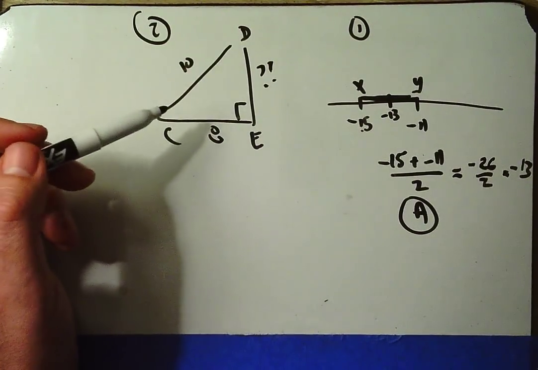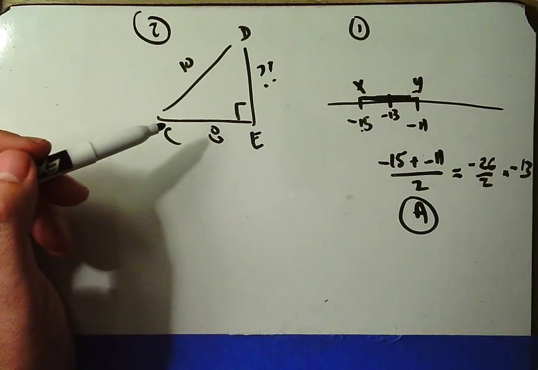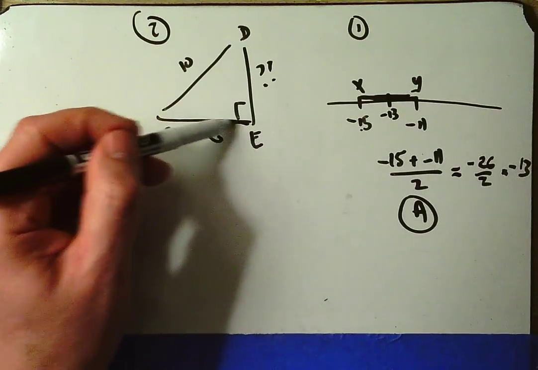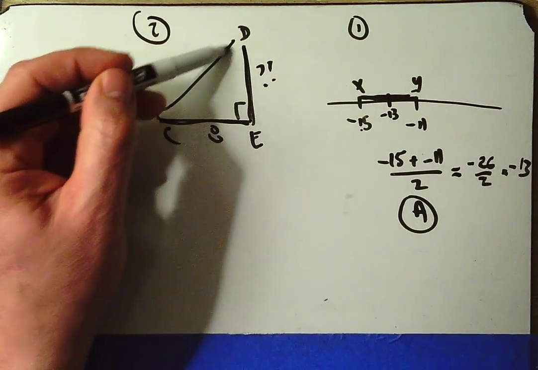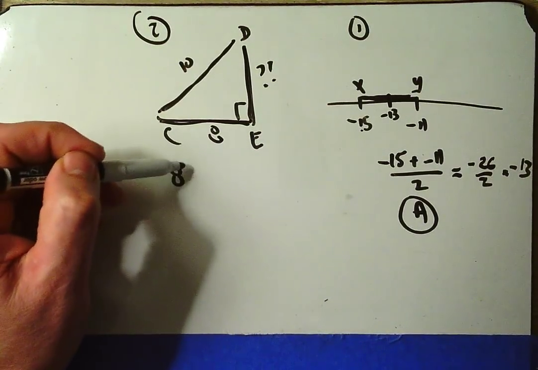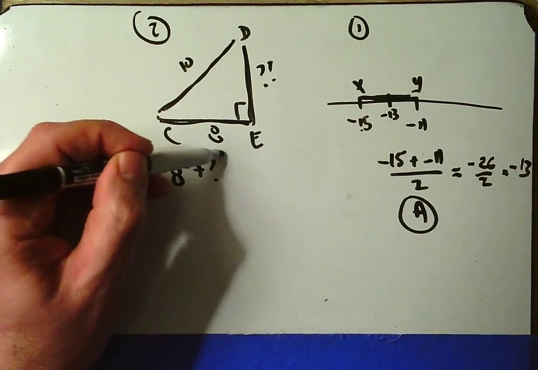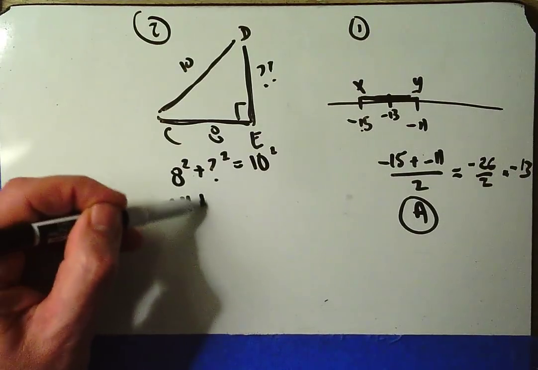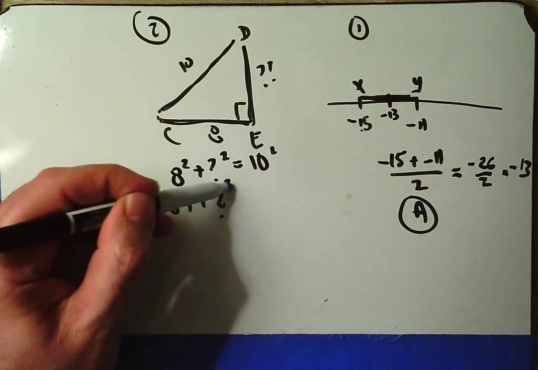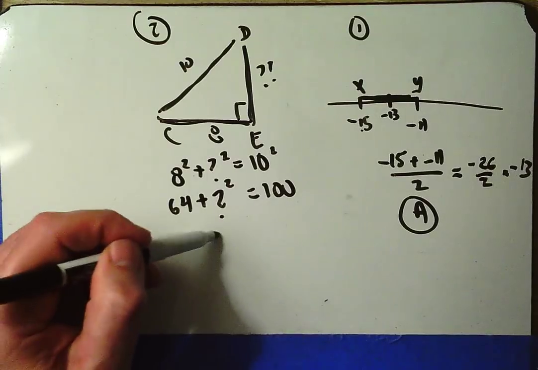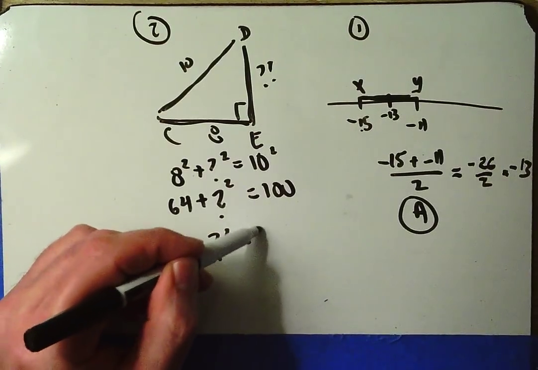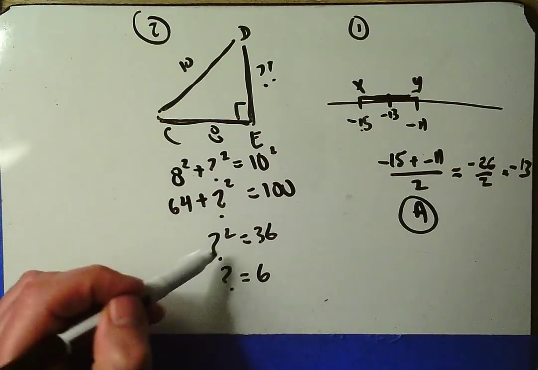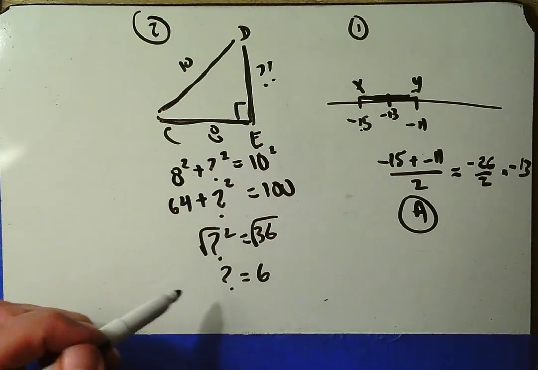Well, if we know our Pythagorean triples, this should be pretty straightforward, but if we don't, we probably have to use the Pythagorean theorem, a squared plus b squared equals c squared. 8 squared plus question mark squared equals 10 squared. 64 plus question mark squared equals 100. Question mark squared equals 36. So question mark equals 6. Remember, you have to take the square root at the end here.